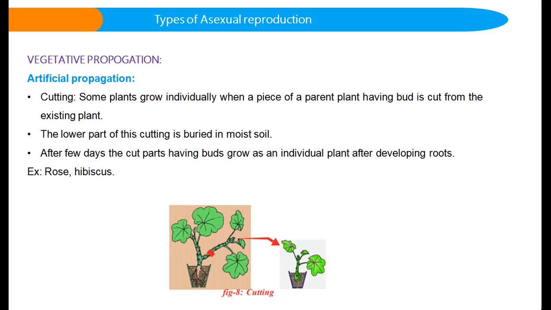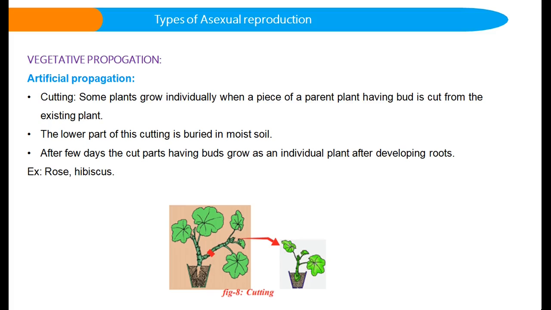Coming to artificial propagation. In vegetative reproduction, we have natural propagation and artificial propagation. Already we discussed natural propagation. Now artificial propagation. In this, three ways are there, that is cutting, layering and grafting. Coming to cutting, some plants grow individually when a piece of the parent plant having a bud is cut from the existing plant.